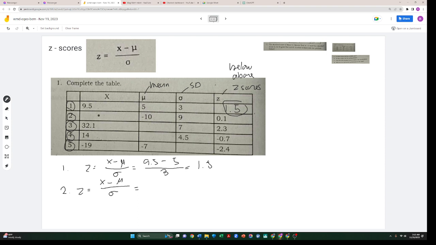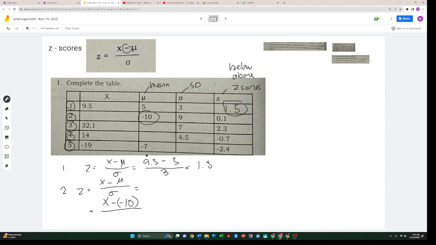And number 2, you don't have the x, but you have the mean. So ang style day ani niya kay negative 10 minus, copy ang minus kay nga may minus diri sa formula. So copy ka sa minus. So beware sa na negative, isabay ibutang gyapon nimo ang negative 10. Then ang x wala, so butang kag x.